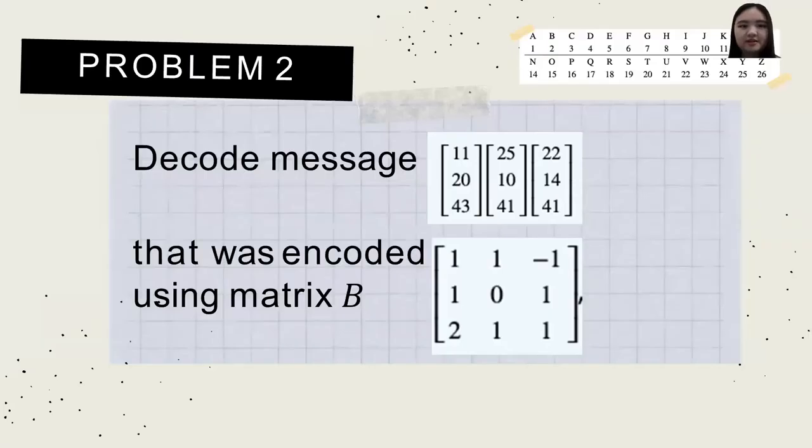All right, thank you, Miza. So for my part, I will talk about decryption as promised. For decryption, once again, I repeat, it is about the conversion of encrypted data into its original form. So in problem 2 here, it asks to decode this message. It's basically asking us to find the original message based on this encrypted code given.